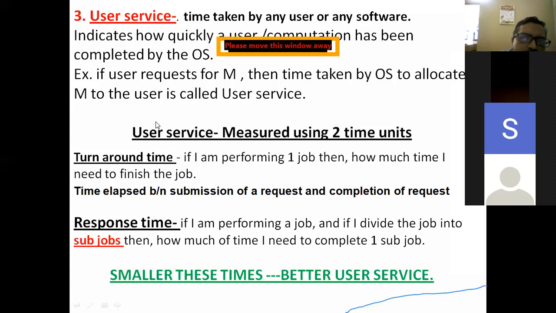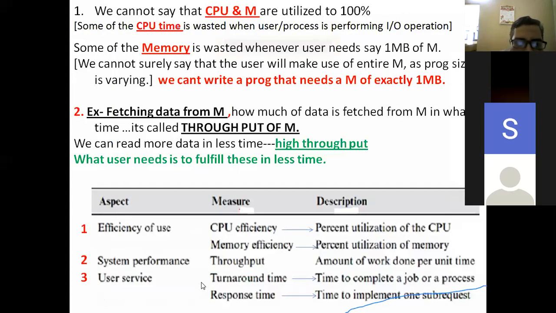This user service can be measured using two time units according to the previous slide. So we can measure user service in terms of two parameters: one is turnaround time, and the second is response time, as mentioned in this slide.